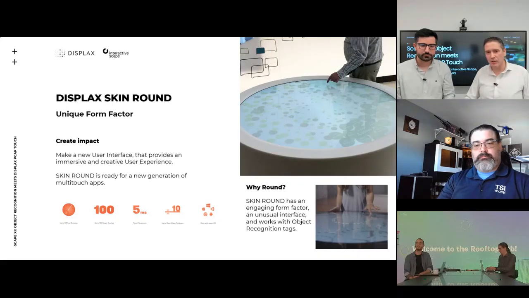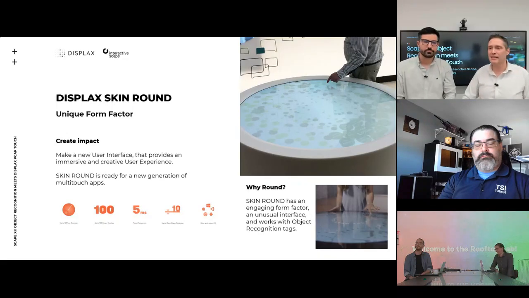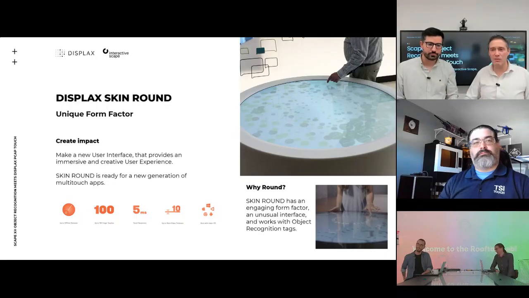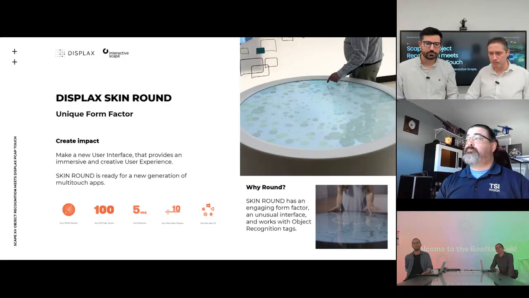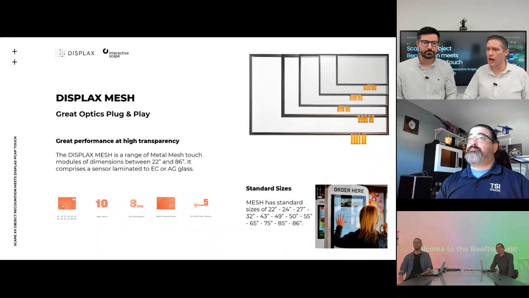Once we deployed the Skin Round and we understood that we could do this, we introduced other solutions, like, for example, other different shapes, like we can manufacture true triangular shaped sensors, trapezoidal sensors, half elliptics, half rounds, you name it. There is a wide variety of shapes that we can offer to the market. And this was our standard, our customized offer.